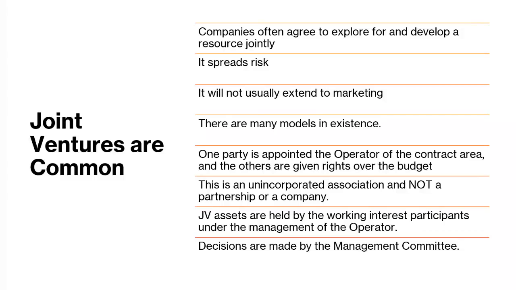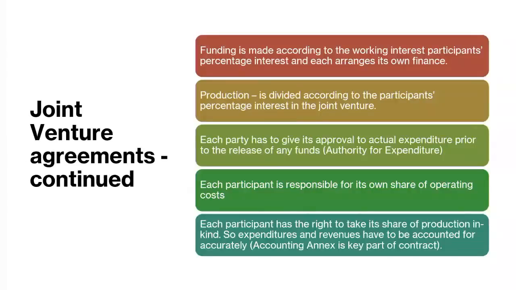The operator may be Shell, it may be Chevron, it may be a company with special technical skills and not necessarily a lot of capital, but they lead on the whole project. And I've got a number of points here that I think I'll just leave you to read.